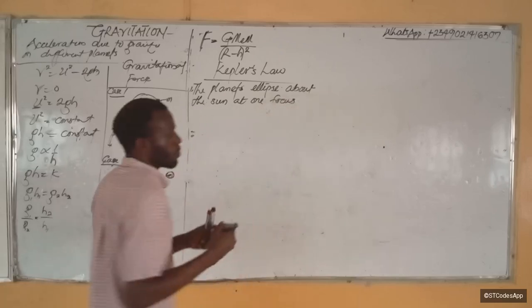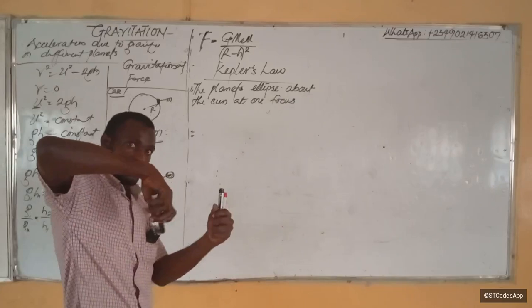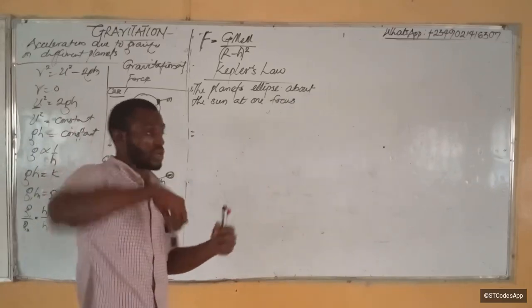What that means is that they go around the sun, with the sun being in a stationary position. Do you understand this? They go around the sun.